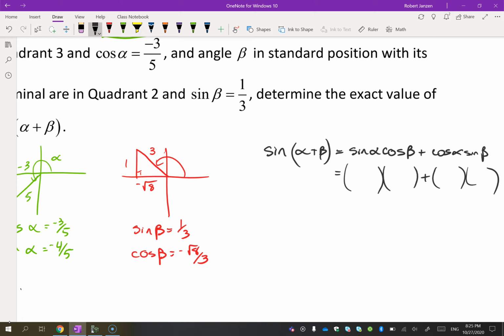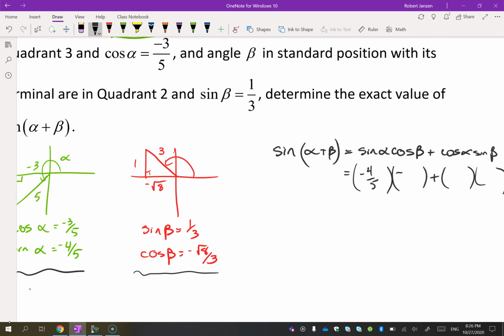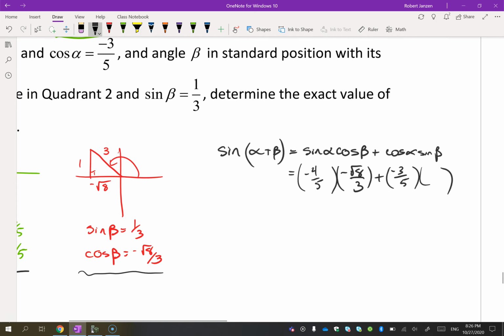Sine of alpha is -4/5. Cos of beta is -√8/3. Cos of alpha, that was given to us, is -3/5. And sine of beta is 1/3. So I can do this: 4√8 minus 3 over 15.